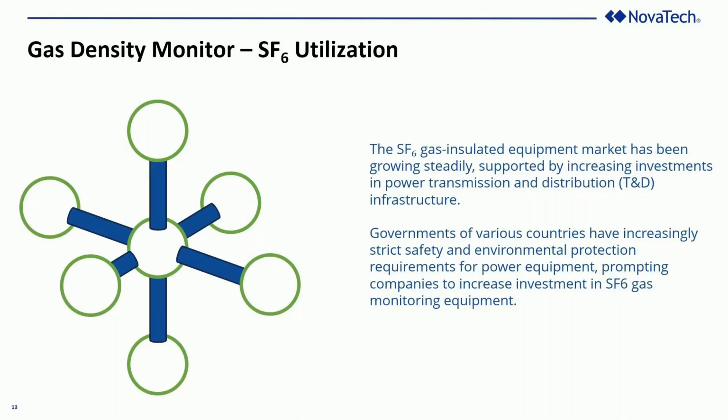Because everything's in the insulated gas, you don't need a wide footprint for your substation because the clearance levels are much shorter. It is used widely because of its insulation properties. It's got a high dielectric strength and arc quenching capabilities, so for circuit breakers and transformers, it's really good.